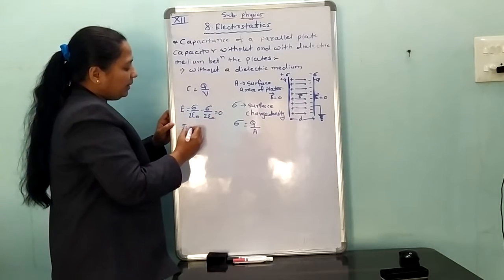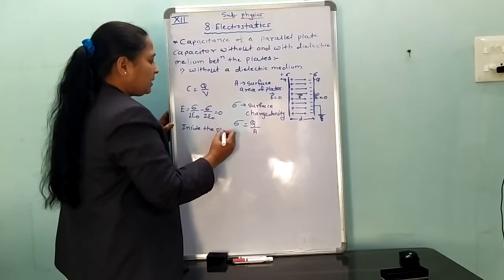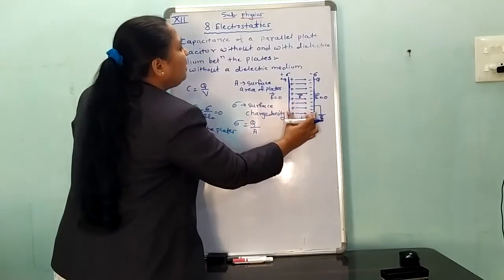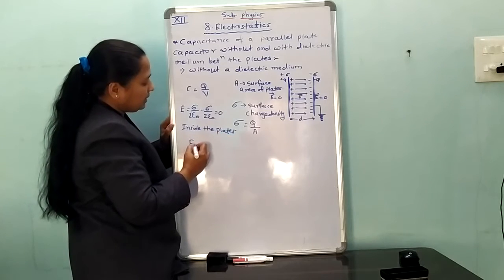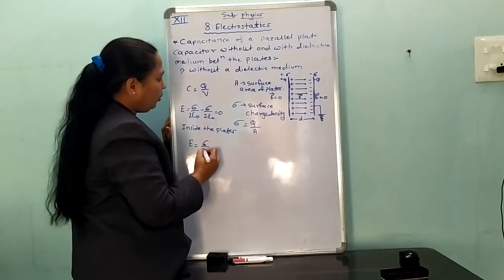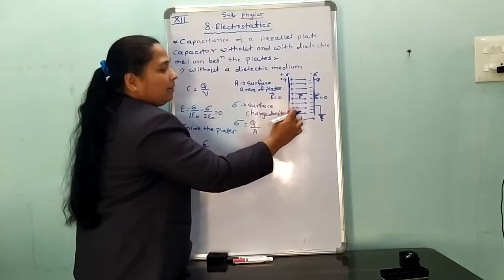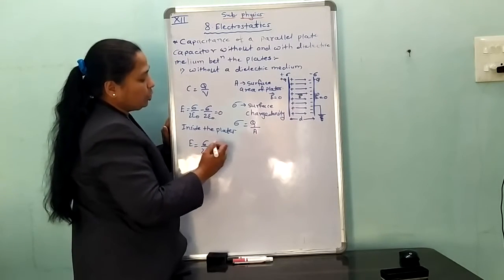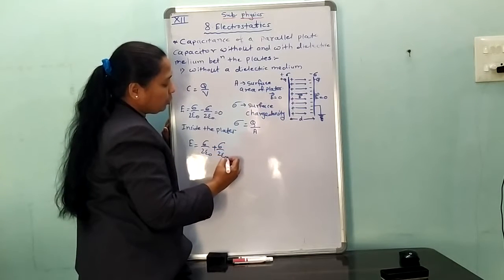But inside, between the two plates, one plate gives an electric field intensity of sigma upon 2 epsilon 0 and the other plate also gives sigma upon 2 epsilon 0.